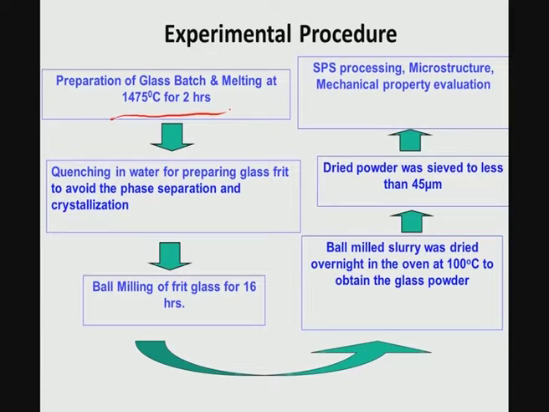Once the glass melt is prepared in a conventional furnace, you can quench it to prepare a glass frit, to avoid phase separation and crystallization.